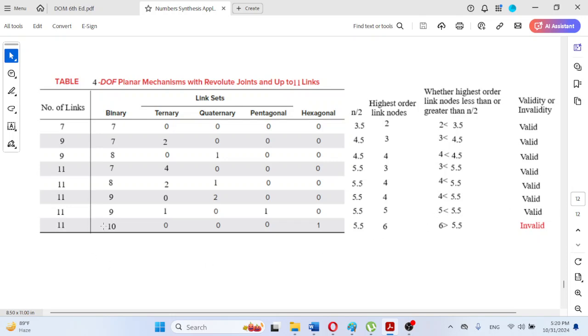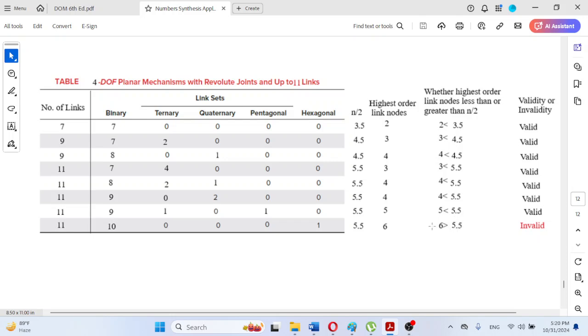And this last link set says that there are 10 binary links and 1 hexagonal link. So here we can observe the highest order link has 6 nodes, and n by 2 is equal to 5.5, so 6 is greater than 5.5, meaning the highest order link node count is greater than the half count of the total number of links.